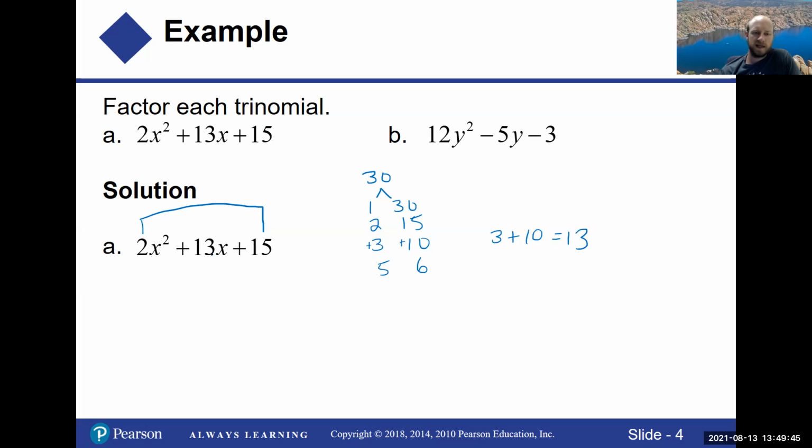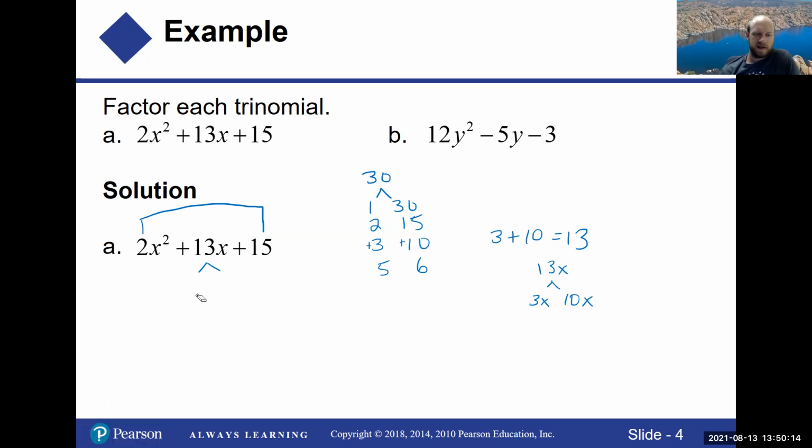I'm going to split up 13x into 3x and 10x. I'm not multiplying those, but I'm splitting them up into those because they add to 13x.